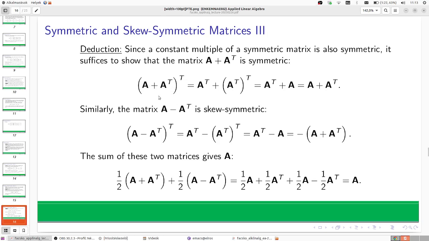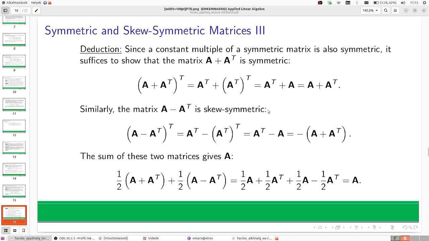So I transpose this. The transpose of a sum is the sum of the transposes. So this is the original matrix, and then it's commutative, so I got the same, so this is symmetric.